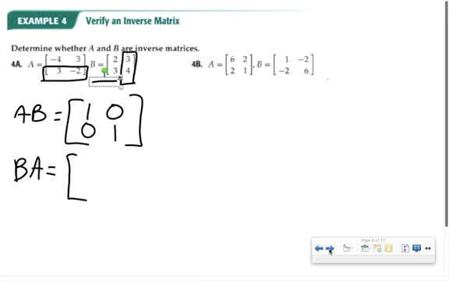So I'm going to be multiplying these rows by these columns. Negative 4 times 2 plus 3 times 3. Two times 3 plus 3 times negative 2.